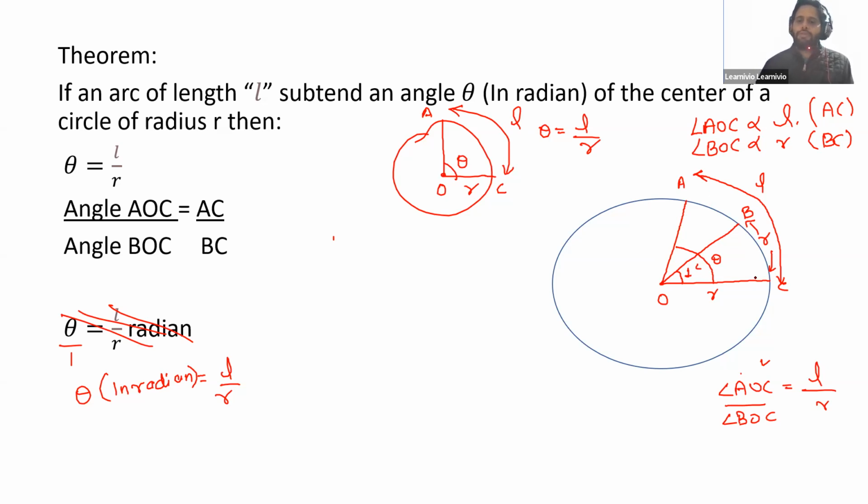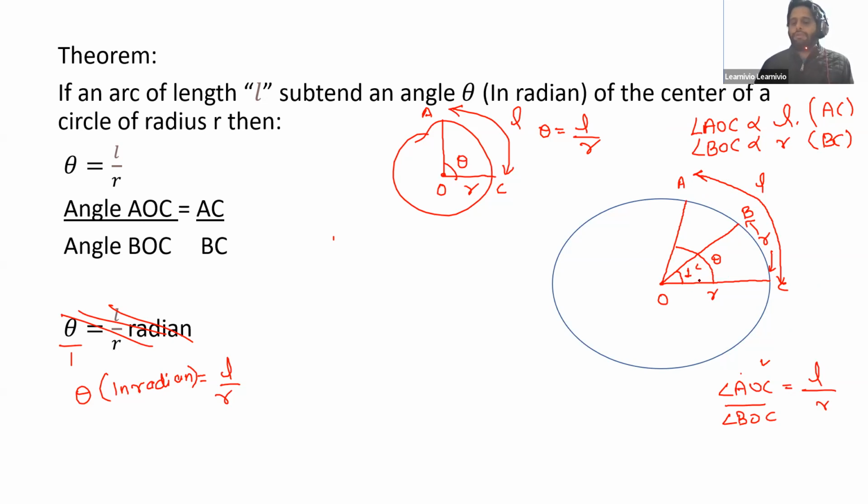Angle AOC is directly proportional to L. Similarly, angle BOC is directly proportional to R. If we divide AOC by BOC, we will get L by R. AOC is theta, and BOC is 1, because this is radius.